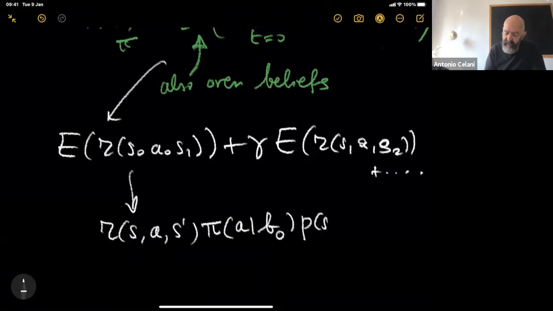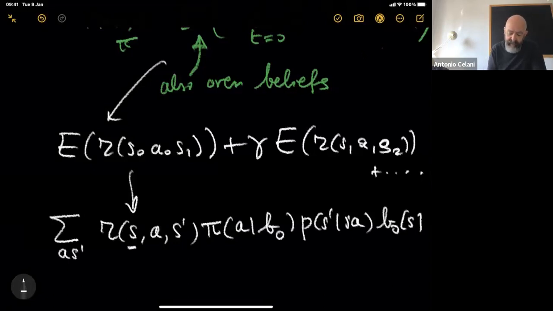Then I have the new state S prime, which depends on the model, and of course I have to sum over all possible actions that I can take with their own probability distribution, with all possible outcomes. But I also have to sum over the S because I don't know where I am. This is the second part where the belief appears.